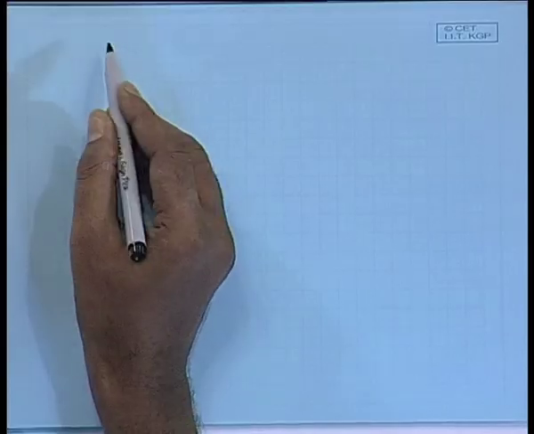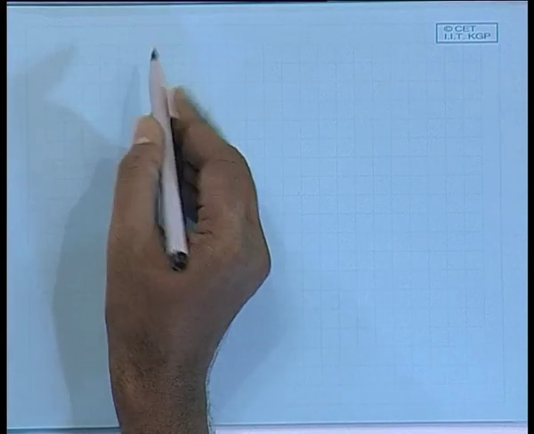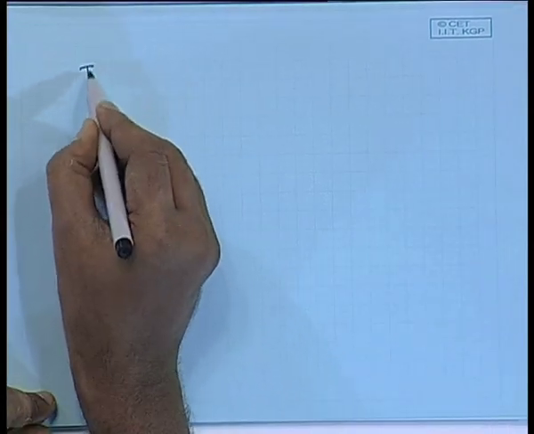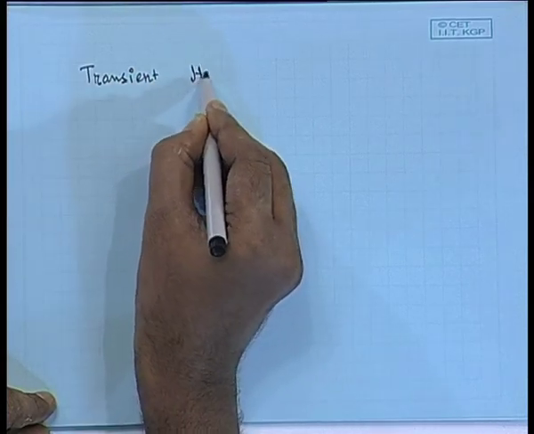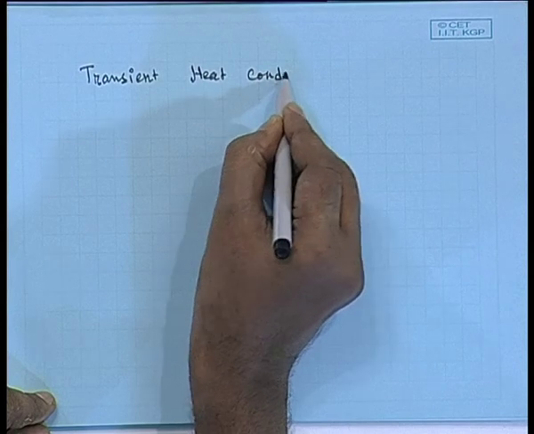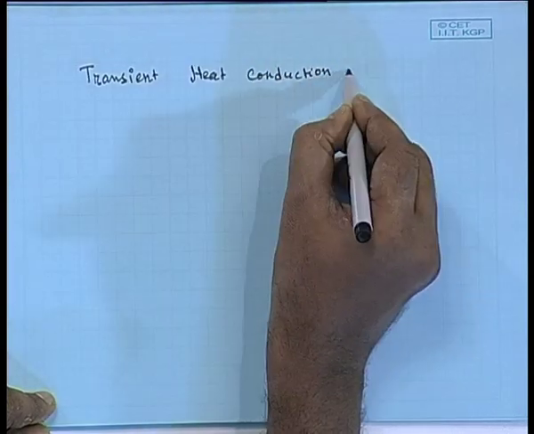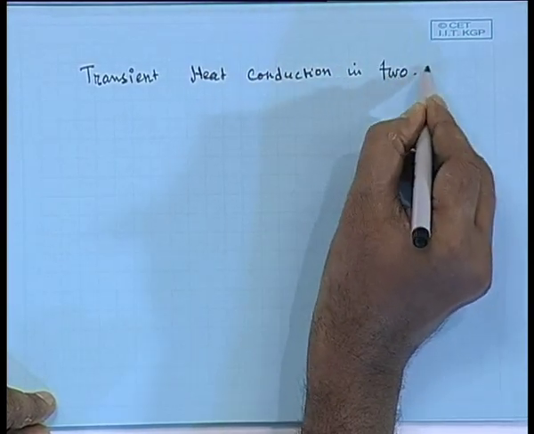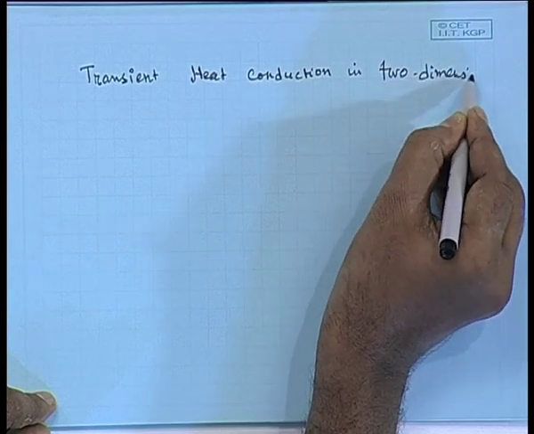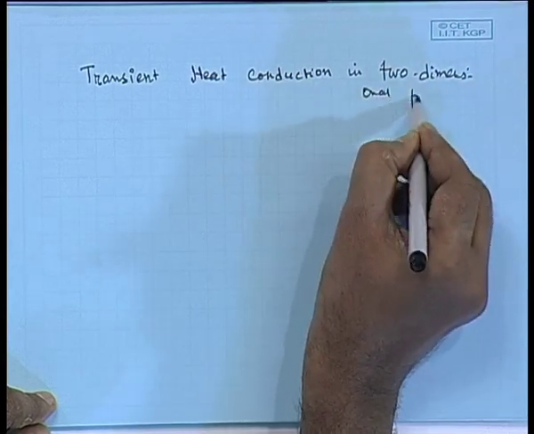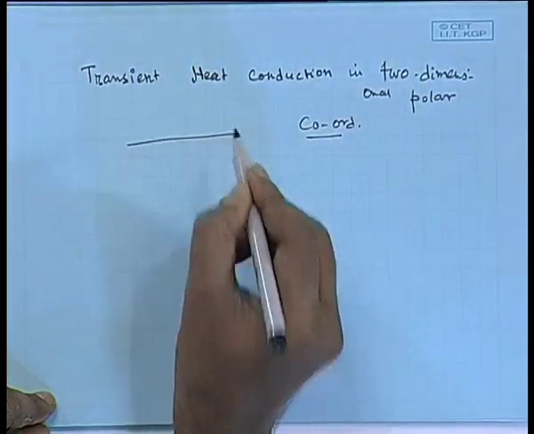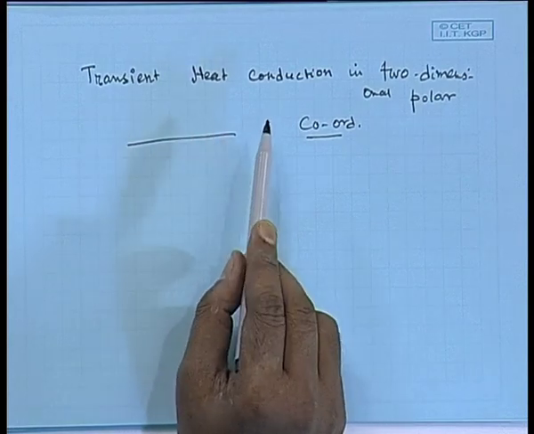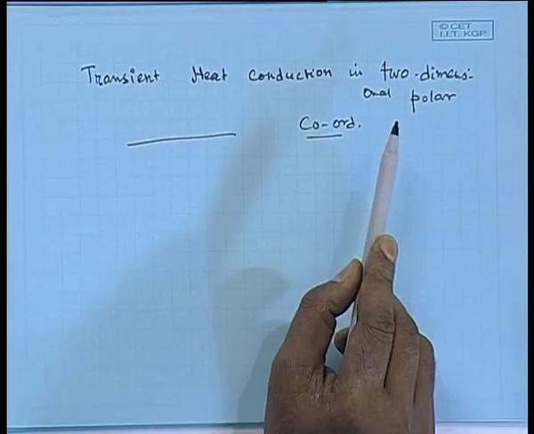Now we will be looking into one more problem, that is the transient heat conduction in 2-dimensional polar coordinate. In the previous example, it was transient heat conduction in 1-dimensional coordinate.